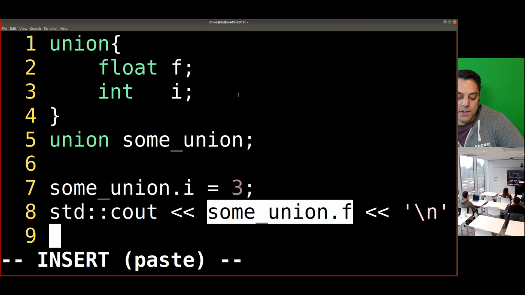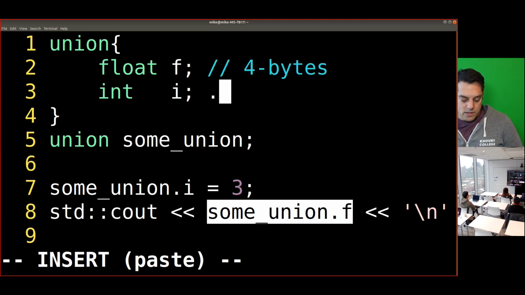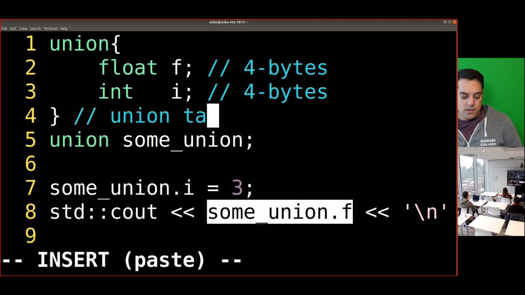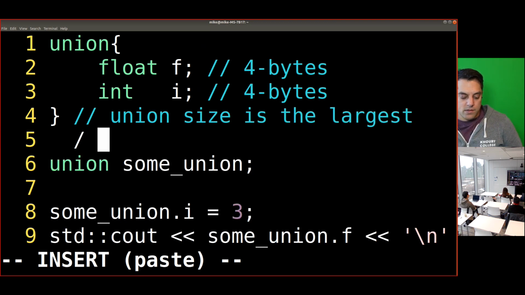Because the underlying data is the only thing in the 4 bytes here, it's important to know the size. This is 4 bytes, 4 bytes, and the union size is the largest data type.